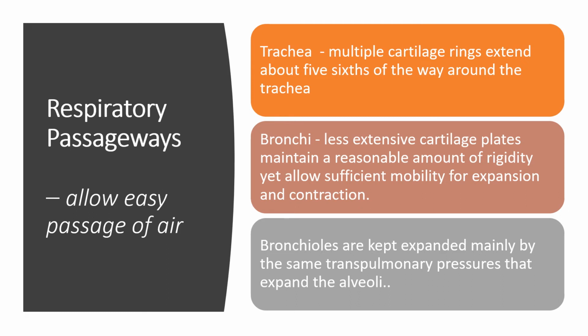These cartilage plates become progressively less extensive in the later generations of bronchi and are actually gone in the bronchioles. Bronchioles are kept expanded mainly by the same transpulmonary pressures that expand the alveoli. That is, as the alveoli enlarge, the bronchioles also enlarge, but not as much really.